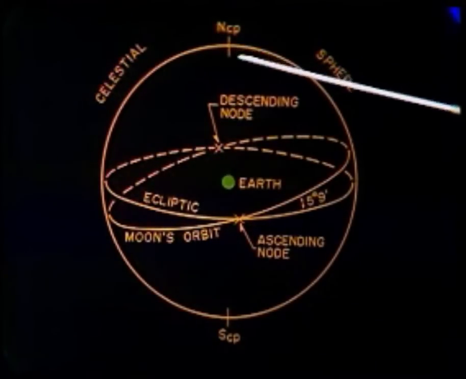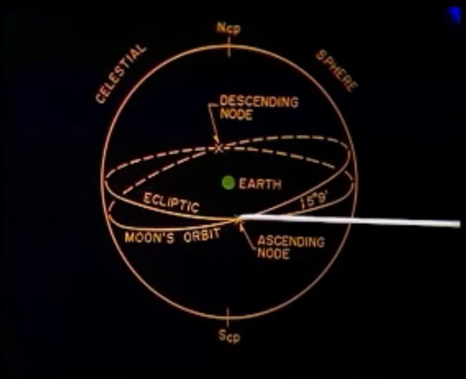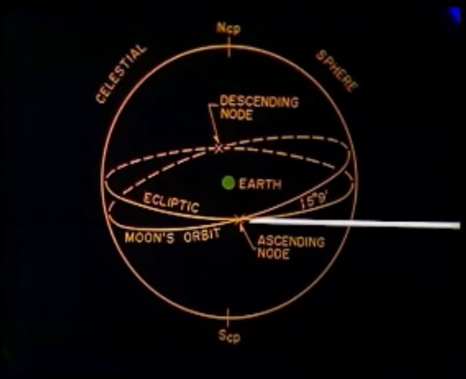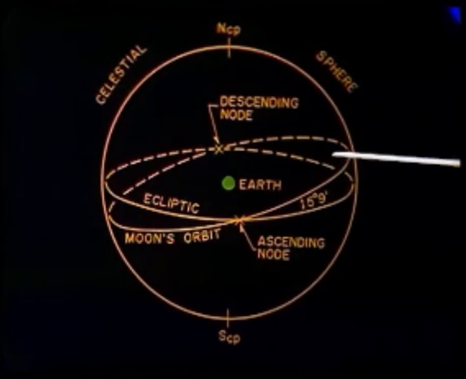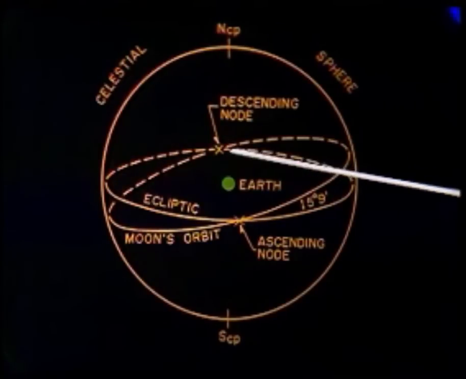People who draw slides are not perfect. This is the Earth in the center, and here is the Moon's orbit, inclined by 5 degrees, and here is the ascending node. The opposite point here is the descending node.